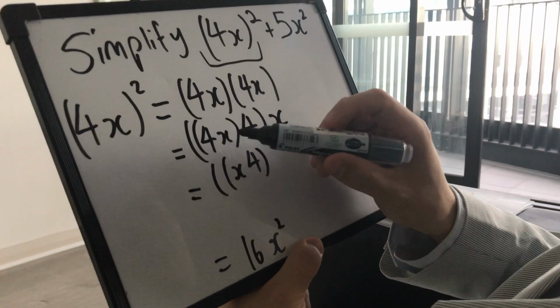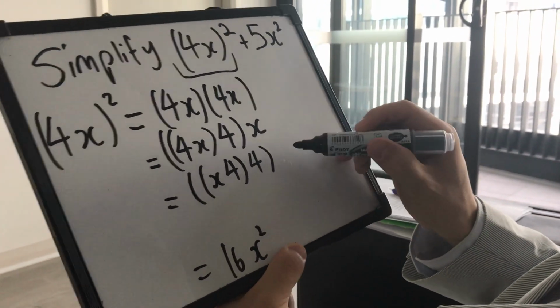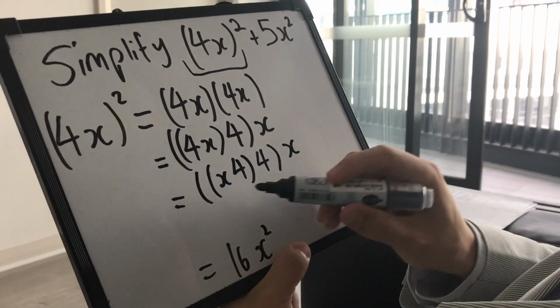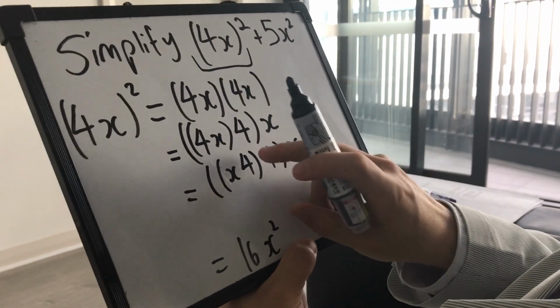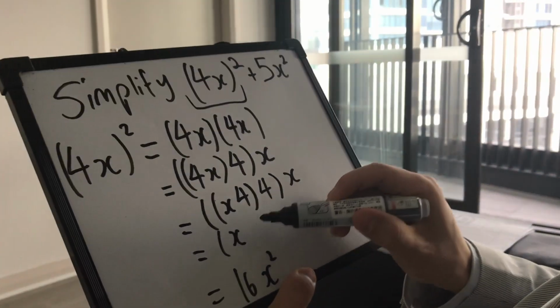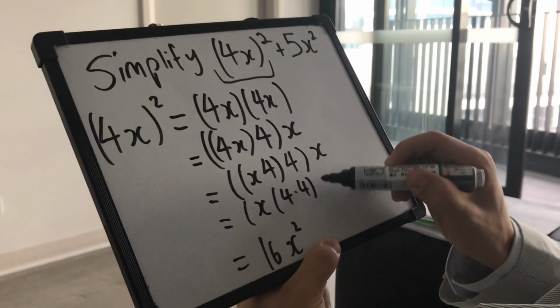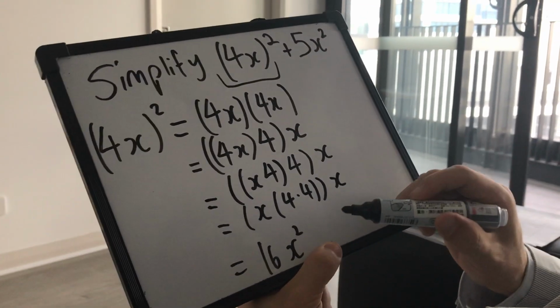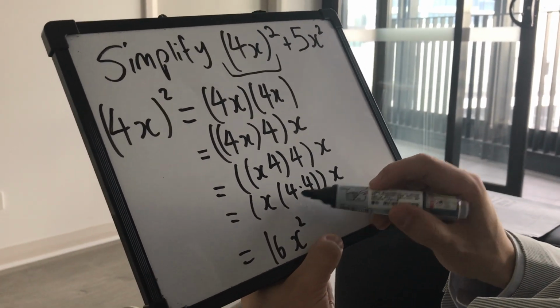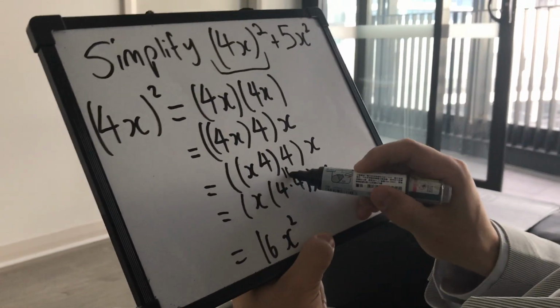But let me do it like this. I can change the bracketing here to be x times 4 first, and then times x. That gives me a 16.